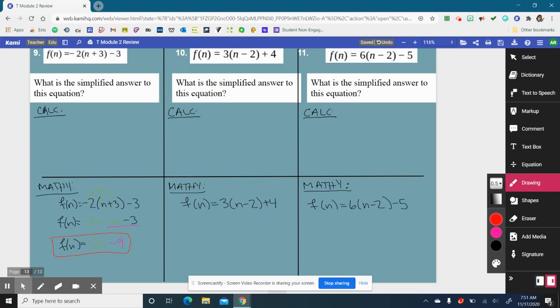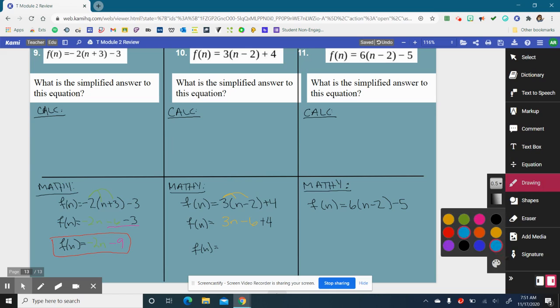Looking at number 10 here. First thing I'm going to do is distribute. Let's use yellow. I distribute that 3 into everything in the parentheses because it's in front. That's how you know. 3 times n is 3n. 3 times -2 is -6. Nothing else changed, so we have that +4, and f of n equals, which is never going to change.